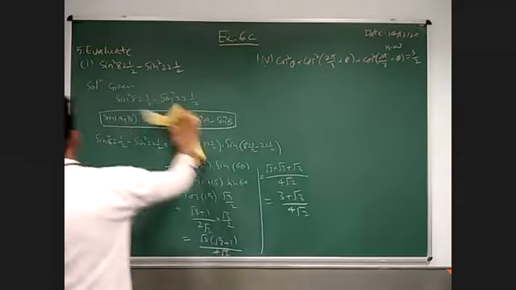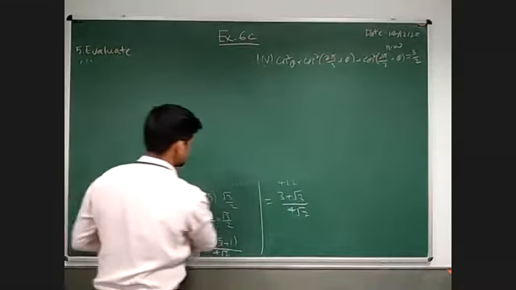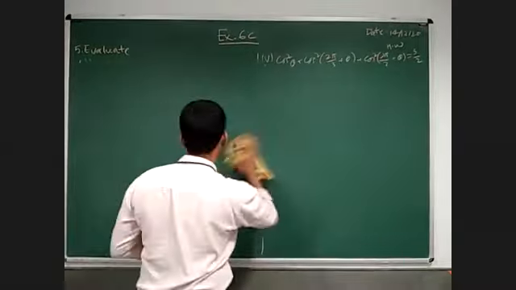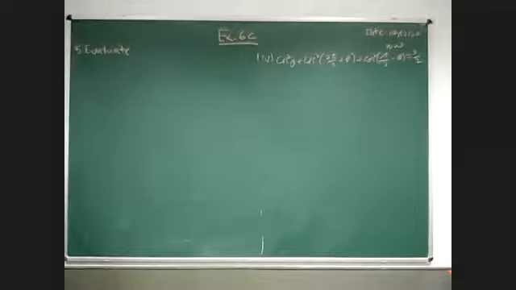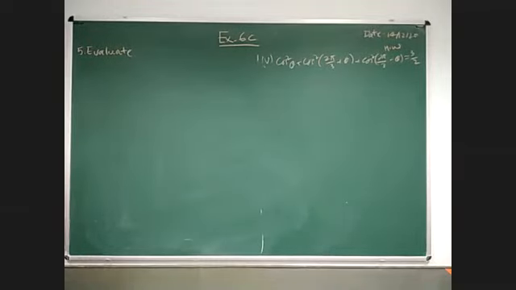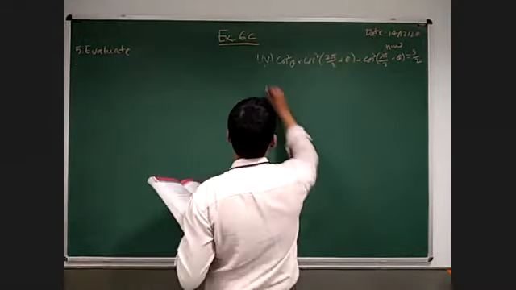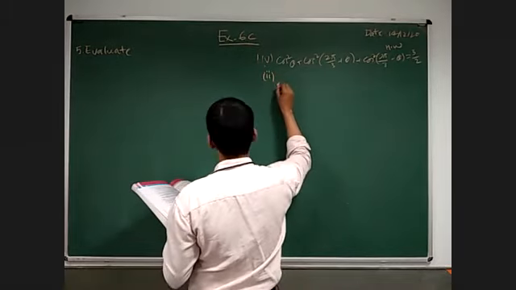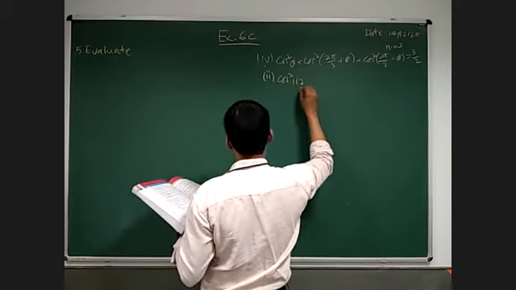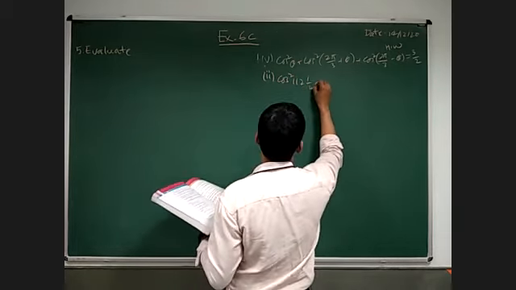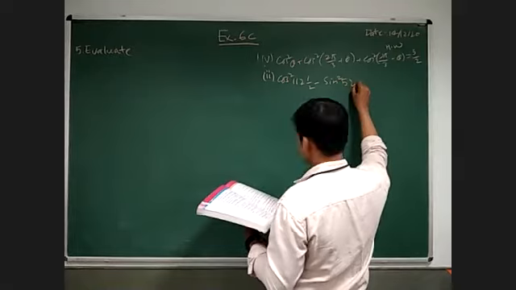Now just see the next question. The next question is similar. That is cos square 112 half minus sine square 52 half.